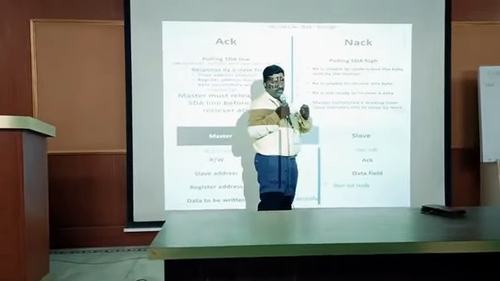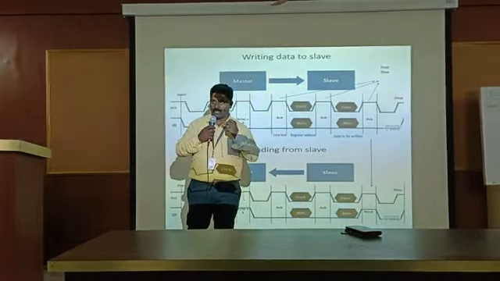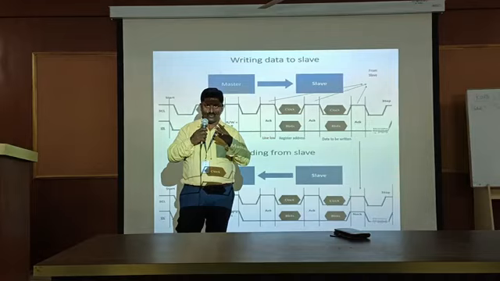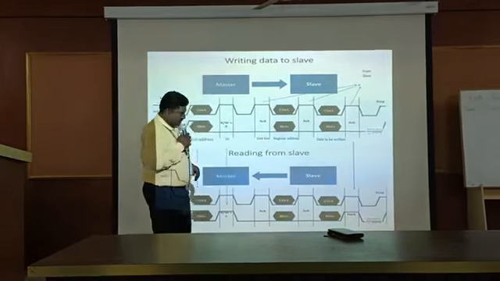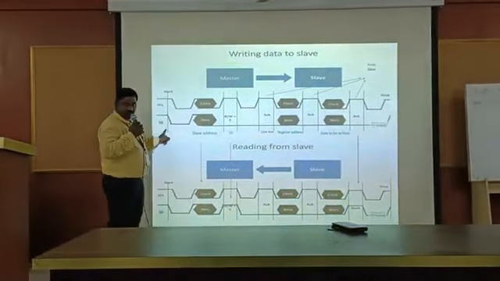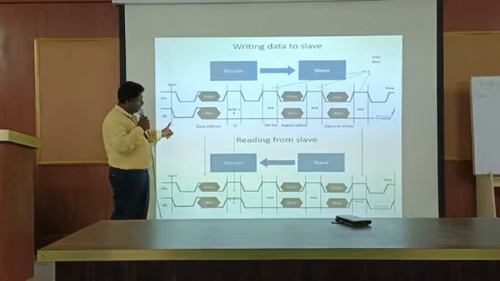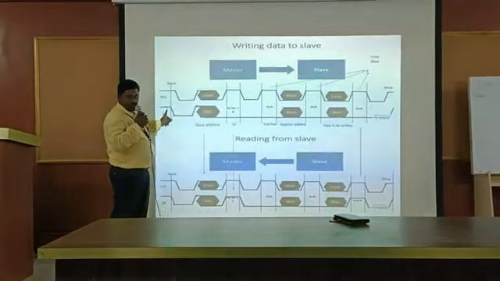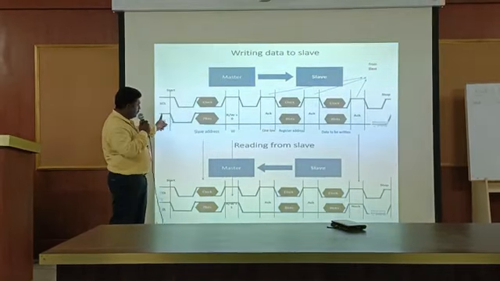Okay? Writing the data to the slave. For example, I told there is a frame format. Clear? So in the frame: start, acknowledgement, not acknowledgement, slave address. First, start. Start means the SDA line will go from high value to low value.